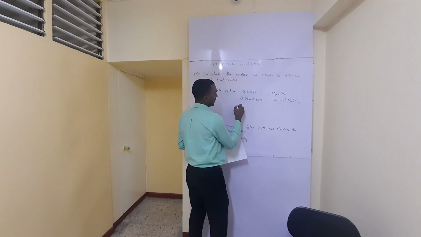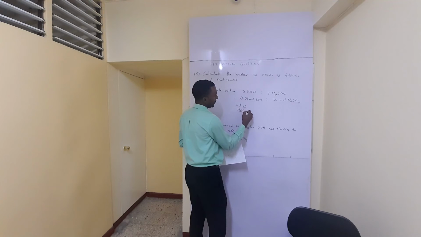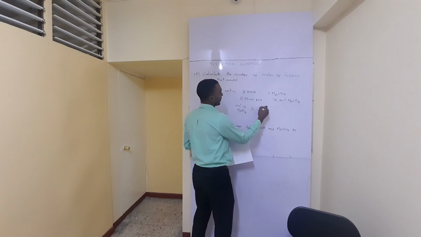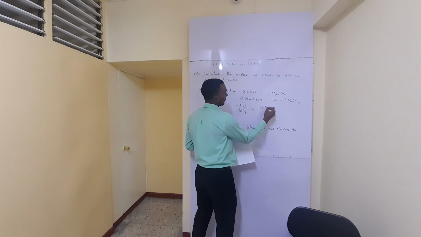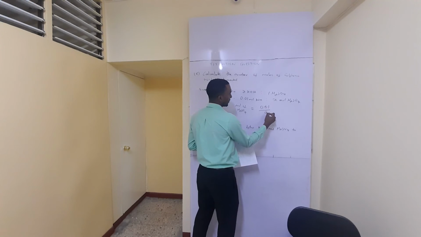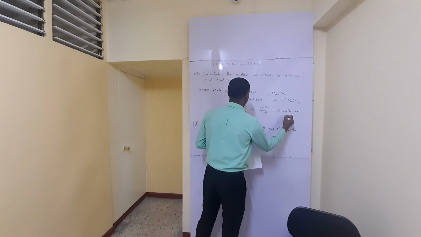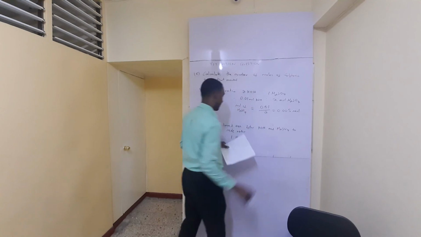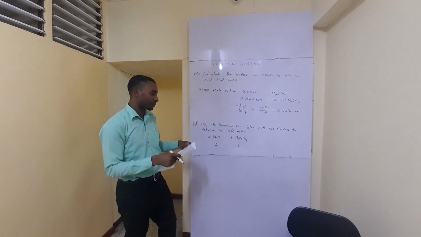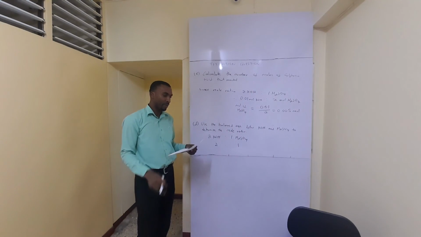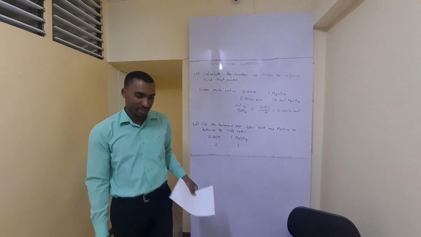So therefore, the moles of H2SO4 is going to be equal to 0.01 divided by 2. 0.005. Alright. And then finally calculate the molar concentration of sulfuric acid.